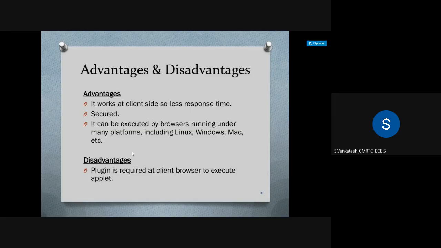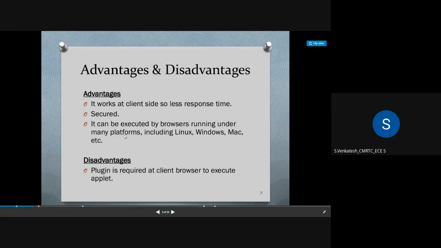Here hackers can also do things, but it is more secure than the data in the servers. Servers will also be secure, but for security purposes they say that the client side is more secure. It can be executed by browsers running on many platforms, including Linux, Windows, Mac, etc. So any platform.